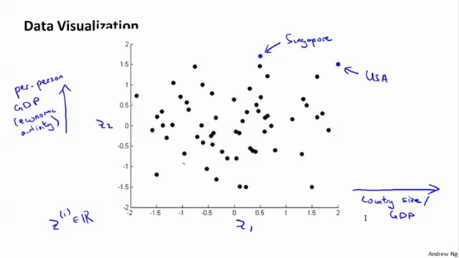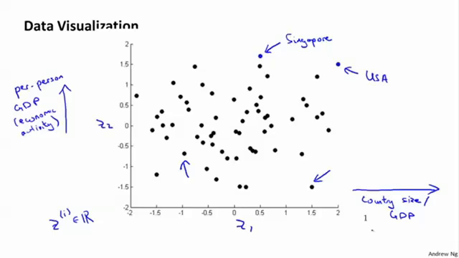And over here, you would have countries where individuals are unfortunately somewhat less well off, maybe shorter life expectancy, less healthcare, less economic activity, as well as smaller countries. Whereas a point like this would correspond to a country that has a substantial amount of economic activity, but where individuals tend to be somewhat less well off.